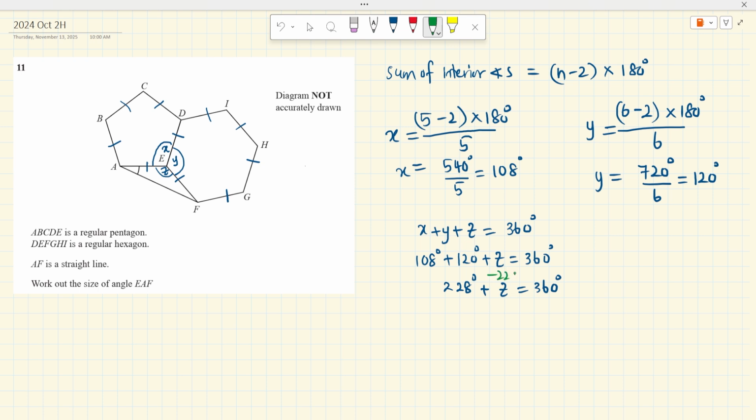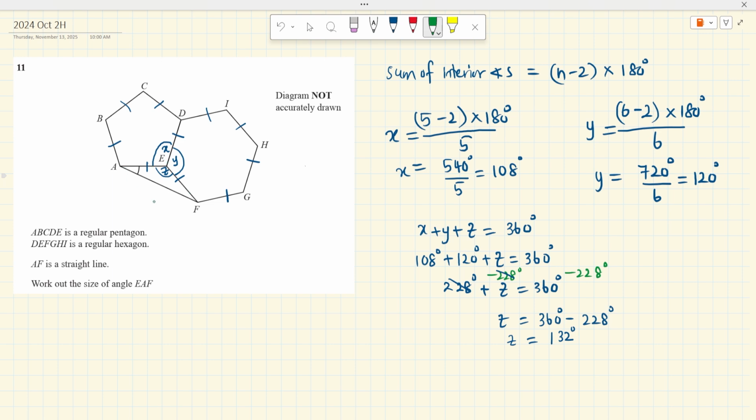Subtract 228 from both sides. 228 gets cancelled. z equals 360 minus 228. 360 minus 228, that is 132. z equals 132.